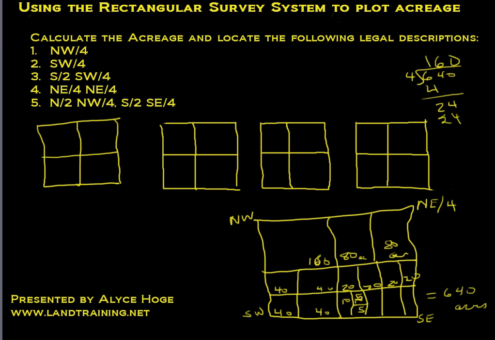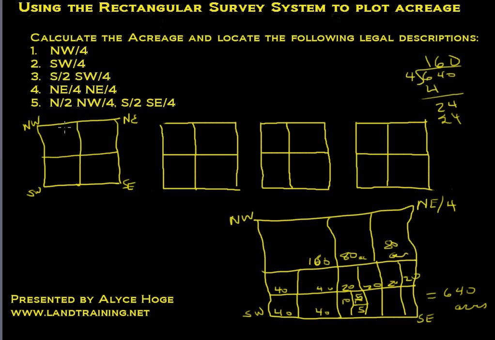So the first thing I'm going to do here for the northwest quarter is put my designations up here. Remember, I'm thinking about New York, I'm thinking about Florida, then I'm thinking about Washington, and here I'm thinking about Arizona. So the northwest quarter, I'm just going to go to this part right here, and I'm going to designate that.